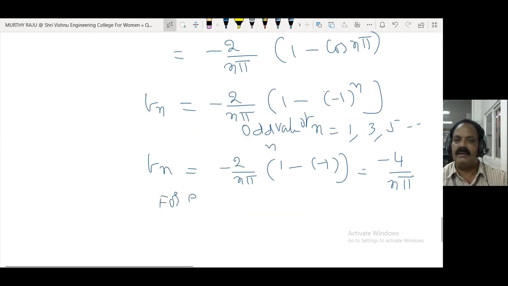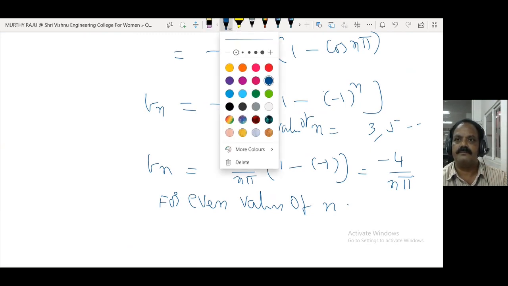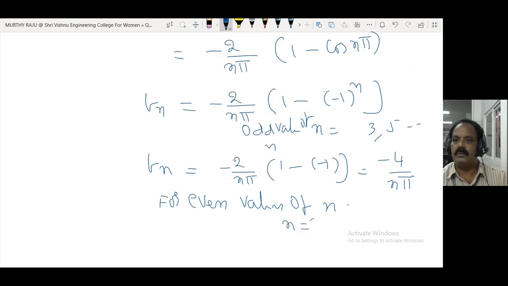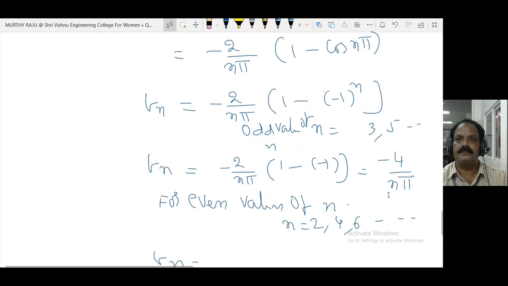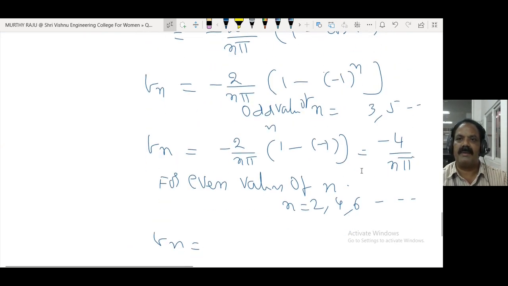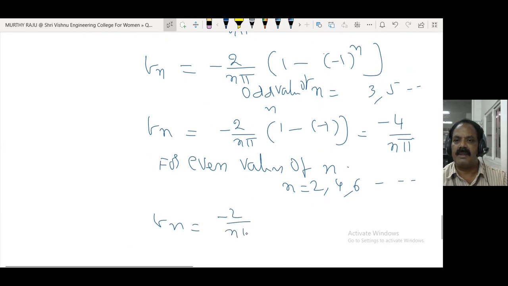For even values of n, that is n is equal to 2, 4, 6 and so on, Bn is equal to minus 2 by n pi into 1 minus of minus 1 whole power n.